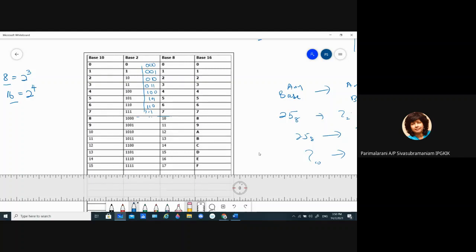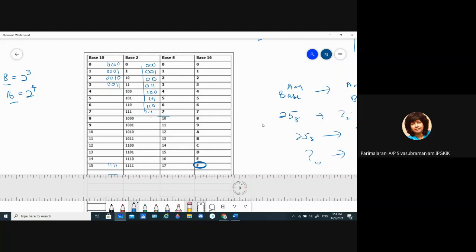So we can also write all these numbers in 4 digits. 0 is equal to 0000 in base 2. 1 in base 16 equals 0001. 2 in base 16 equals 0010. 3 is 0011, and so on until we get here. So you see the last digit in base 16 has 4 digits. All the digits we can replace by 4-digit binary numbers.